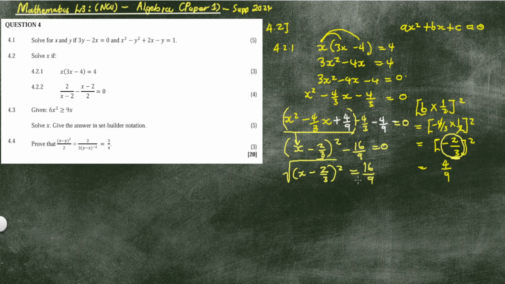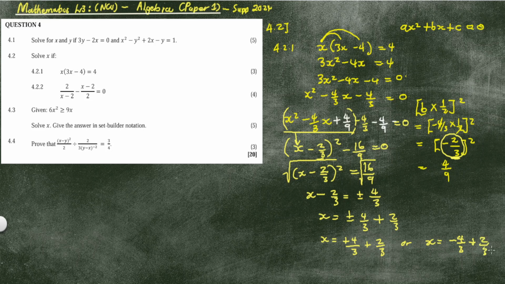You take the square root on both sides, so you now have x − 2/3 = ±4/3. You transpose, so x = ±4/3 + 2/3. The first answer is the positive 4/3 plus 2/3, or x is equal to −4/3 plus 2/3.